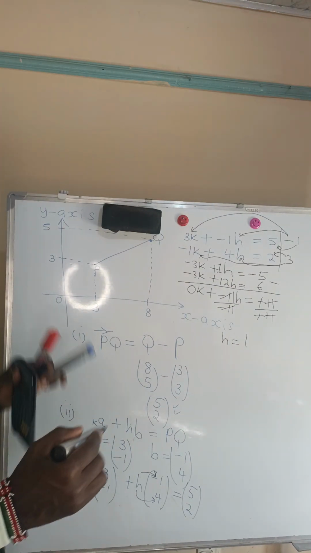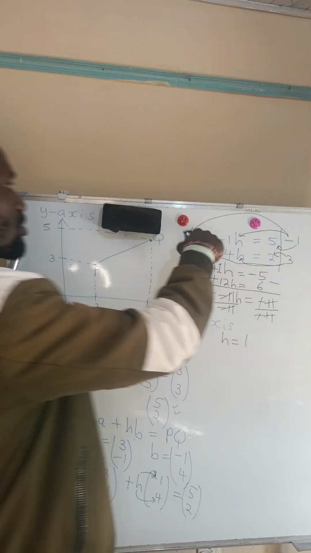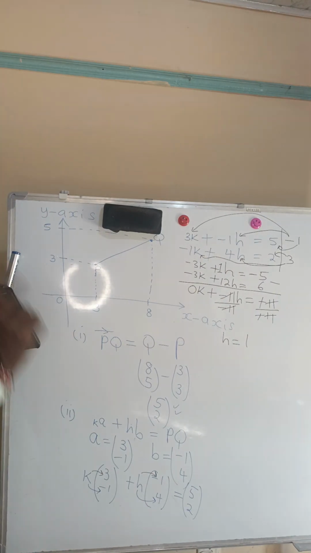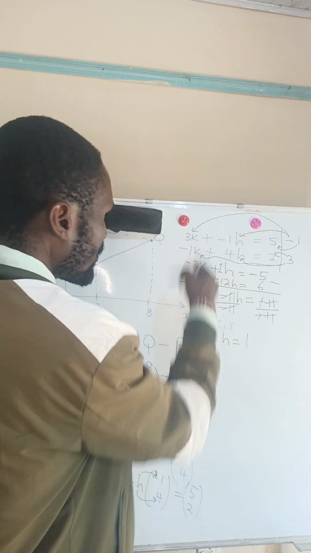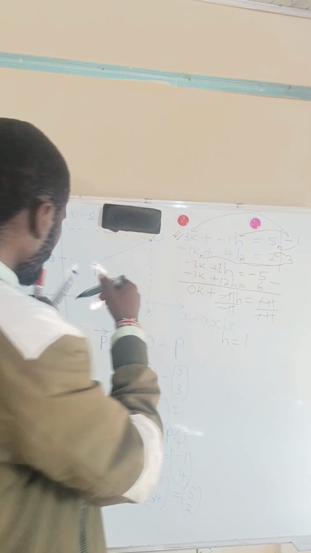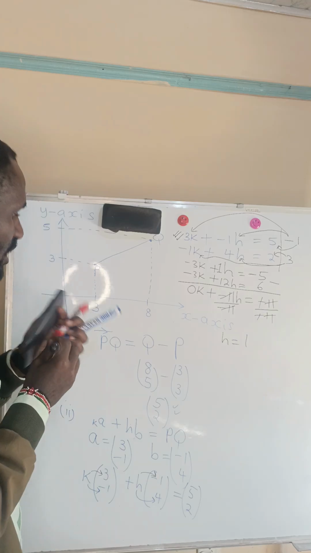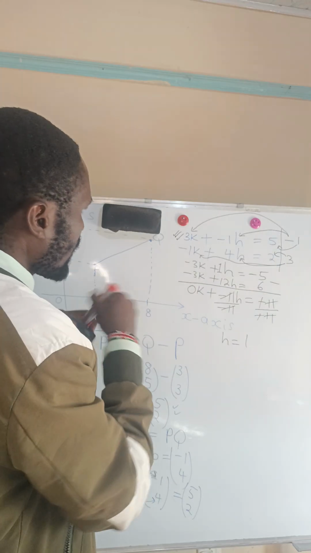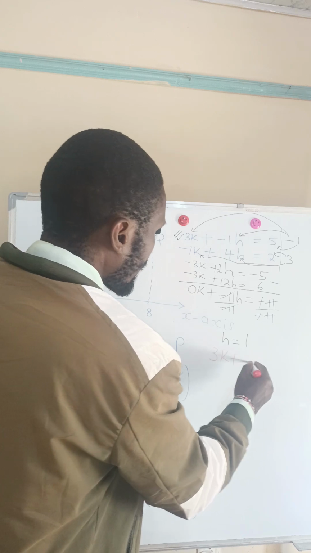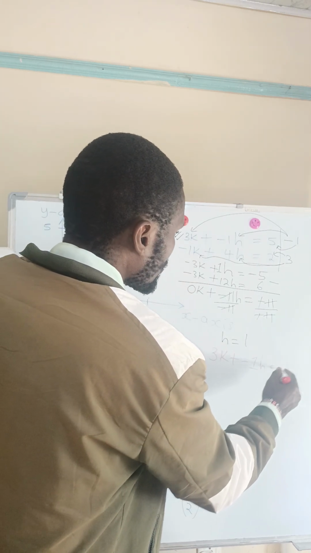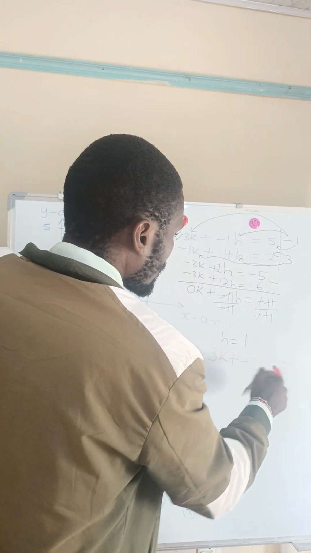Now, if our h is 1, you can pick any of the two simultaneous equations and substitute where there is h by 1 to get k. I'll pick the first one, for example. So I'll have 3k plus negative 1h equals 5.